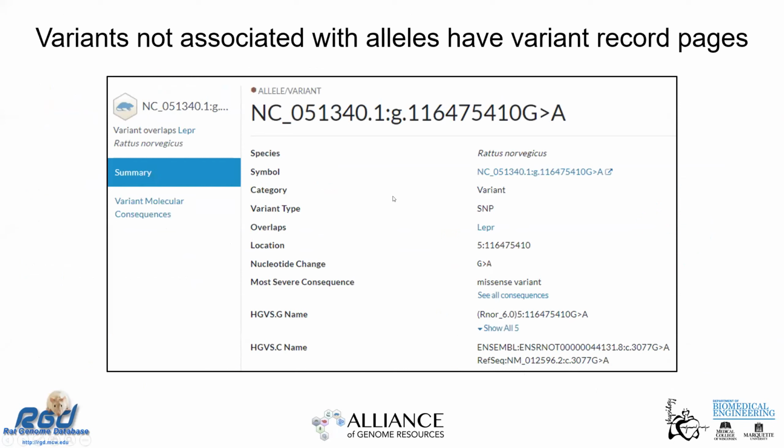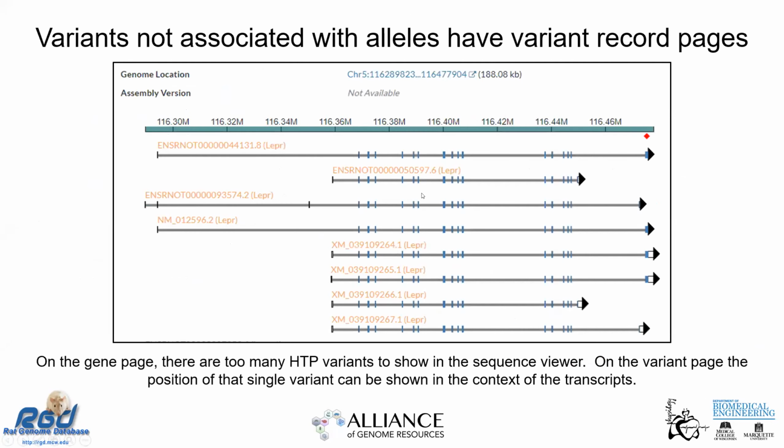And variants not associated with alleles have variant record pages. There is no allele page, obviously, but there is a variant record page. And on that variant record page, because you're only looking at the information for a single variant, you see that variant in the sequence viewer.